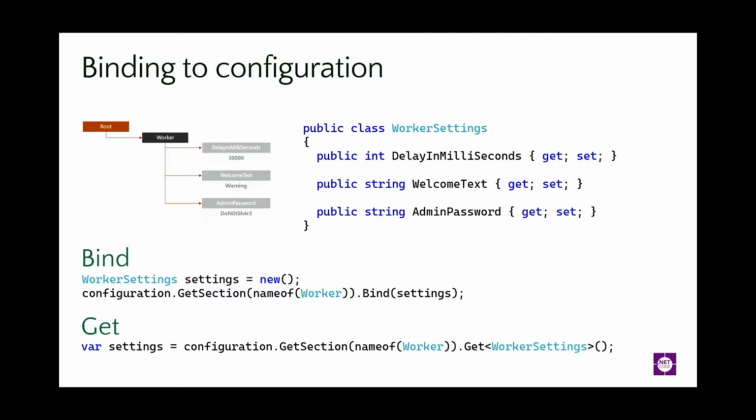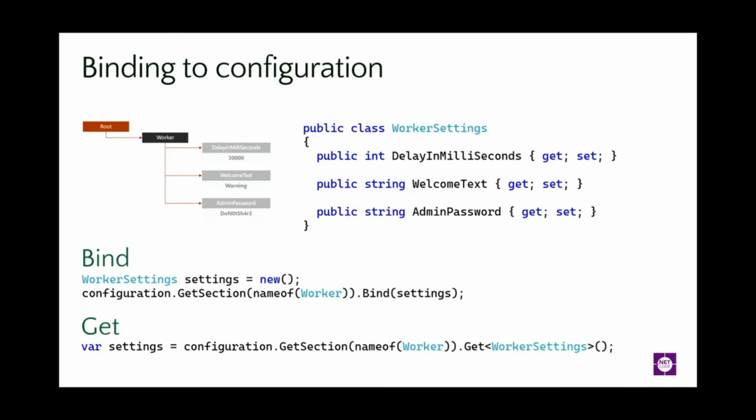And then you have 2 typical ways to get those values and put them in an instance of that class. One is, create an instance and then we need to define the section, and we want the Worker section, so that part of the tree, and then call Bind on settings. And it will bind it.